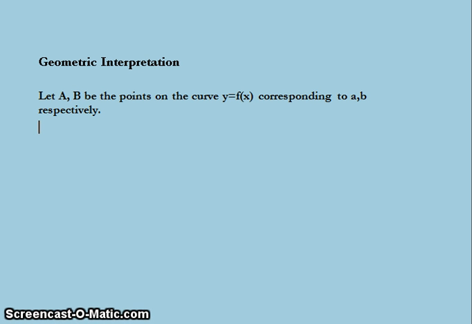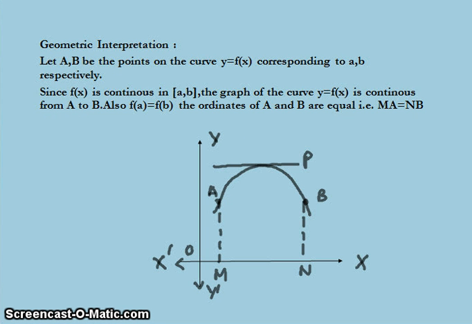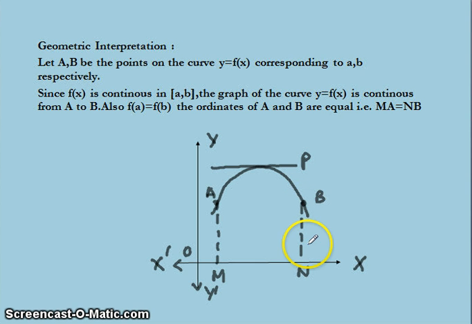Since f(x) is continuous in interval [a, b], the graph of the curve y equal to f(x) is continuous from a to b. Also, f(a) is equal to f(b). The coordinates of the points A and B are equal, that is, MA is equal to NB.